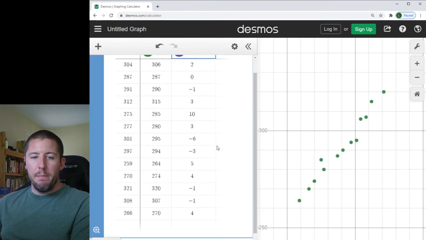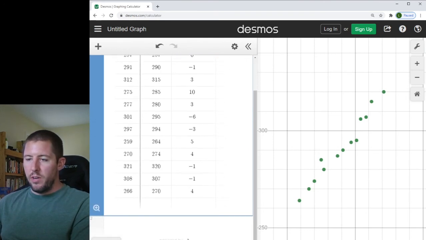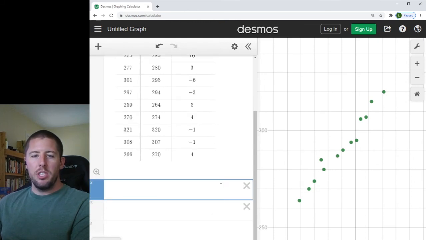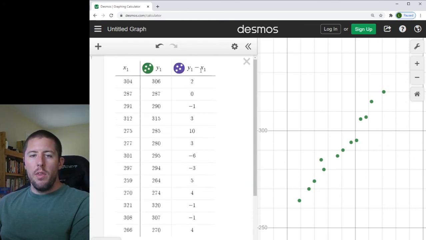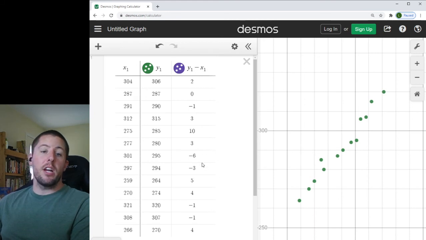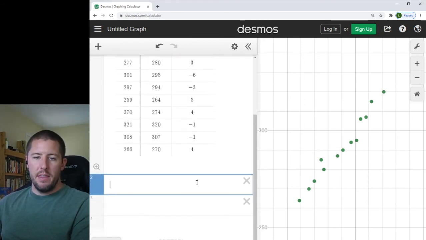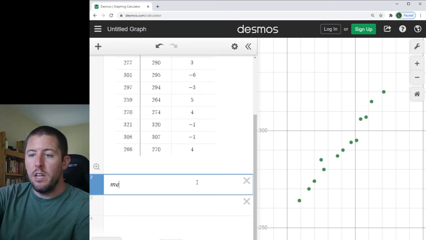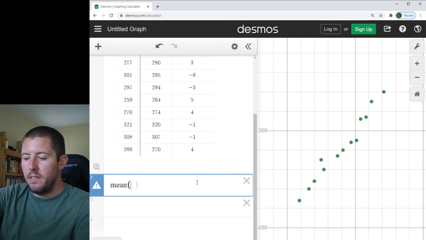Now the thing that's actually even better, this is something I've sort of recently realized must be true about Desmos, is that it can do some good statistical calculations for us as well. So we now know that y1 minus x1 is actually like our variable of interest. It's our difference in the values over the before and the after. What I need to know is what's the mean of this difference.